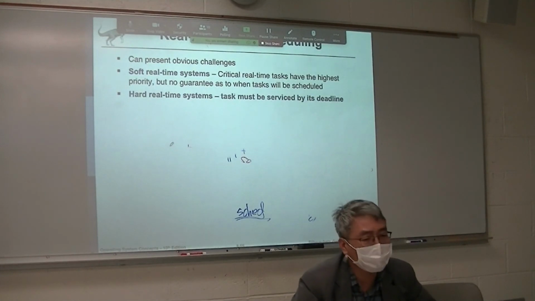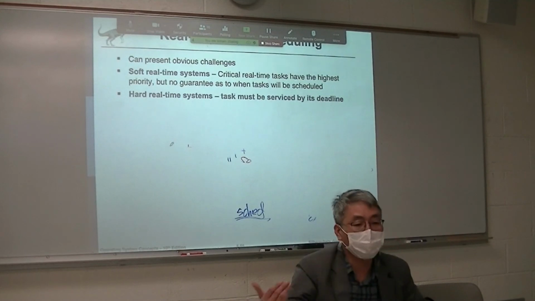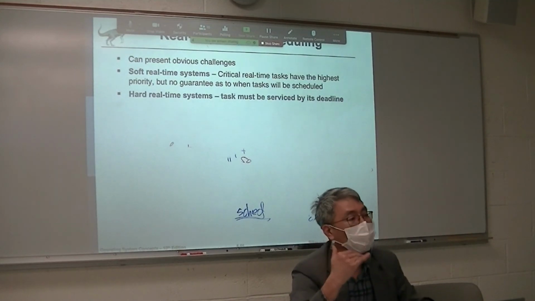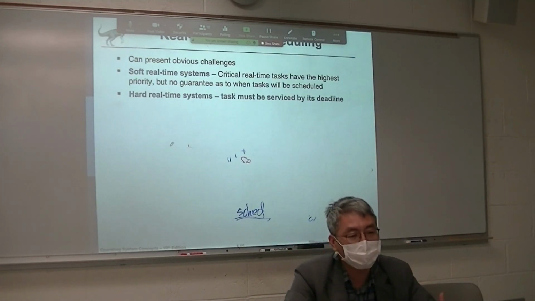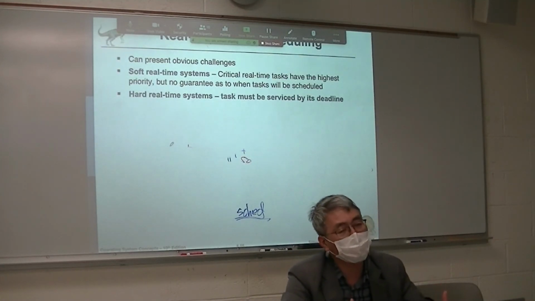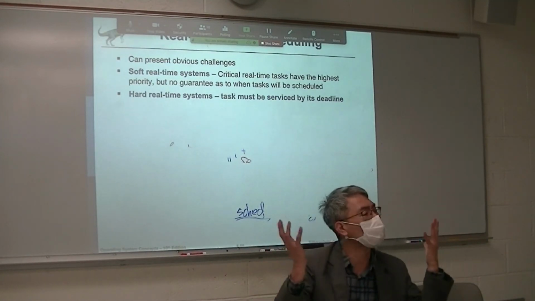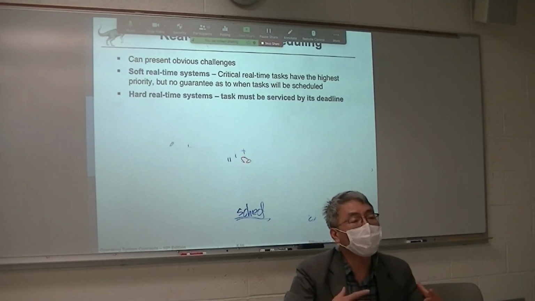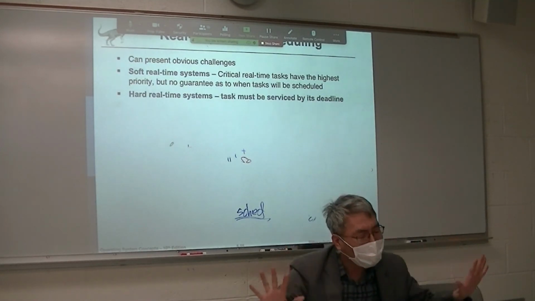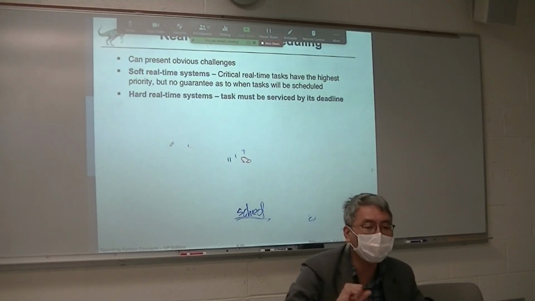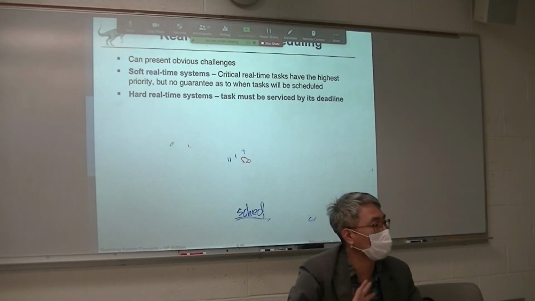Think about maybe 10 years ago, in Fukushima, the tsunami hit the nuclear plant, right? They should definitely have a real-time alert system. However, it is not possible for the warning to come at the same time the tsunami comes. But their real-time means within a minute, no matter what happened, send out the broadcast signal to the people.